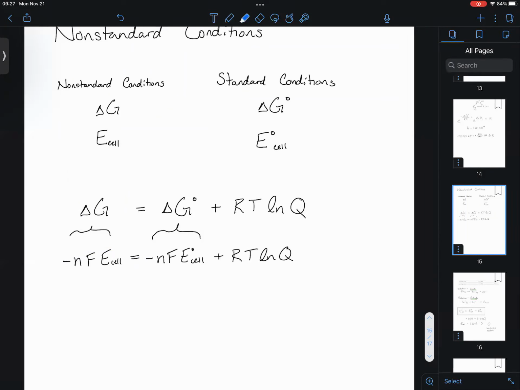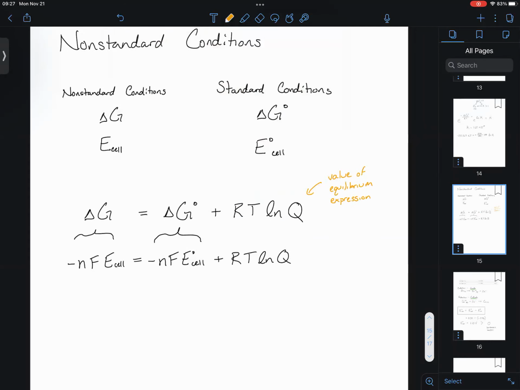And this is really the bit that is allowing you to input into this equation what your conditions actually are, right? Remember, Q is just the value of the equilibrium expression, regardless of whether you're at equilibrium or not.